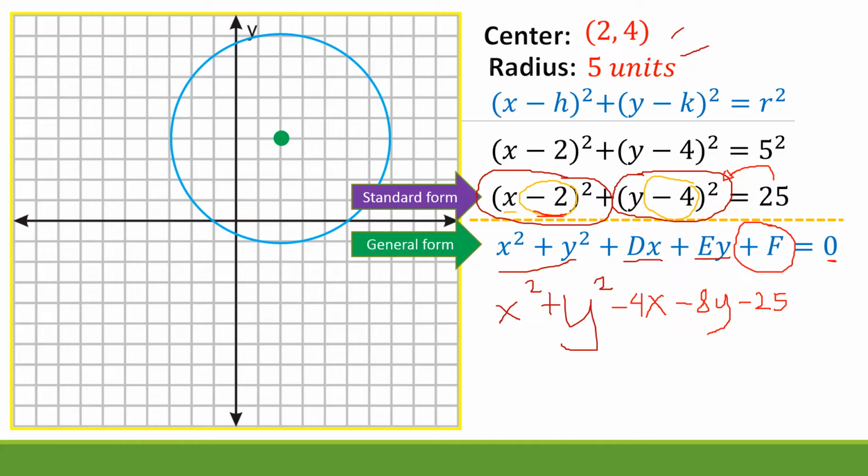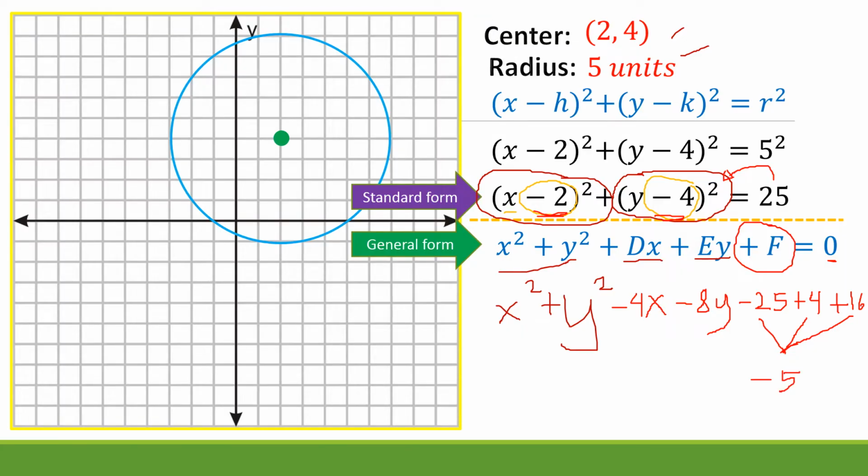First, the square of -2 means -2 times -2 is +4. So we're going to add that, +4. And the square of -4 on the y part, -4 times -4 is +16. Okay? Then equals 0. The last thing, we simply combine all of these constant terms that we have now. So -25 plus 4 plus 16 gives us -5.